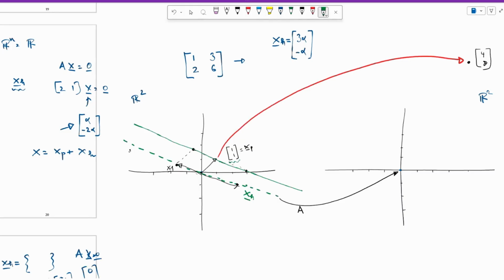Well, now you could ask, by chance I've chosen 1, 1, which produces 4, 8. What if I had chosen something else? What if I had chosen, let's say, this point as my particular solution? Doesn't matter.